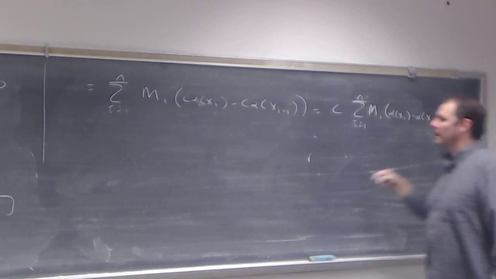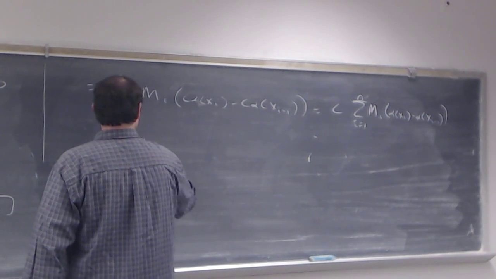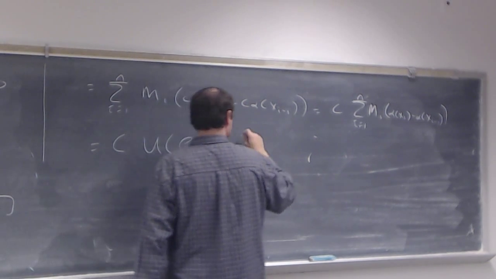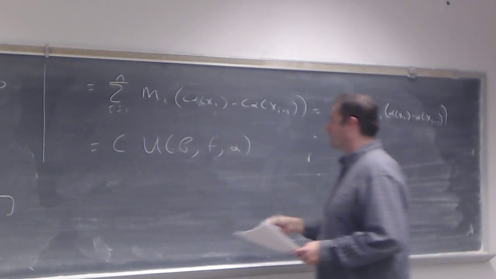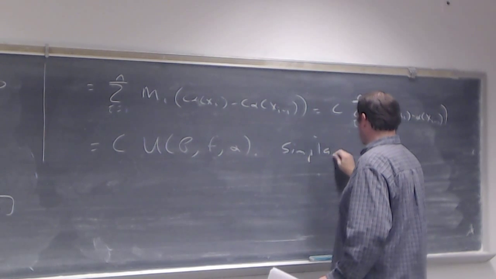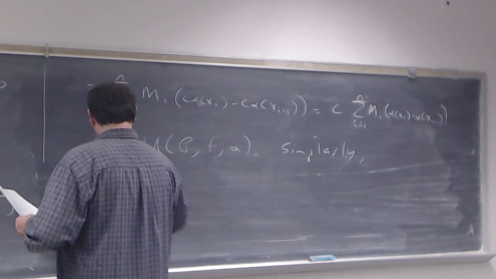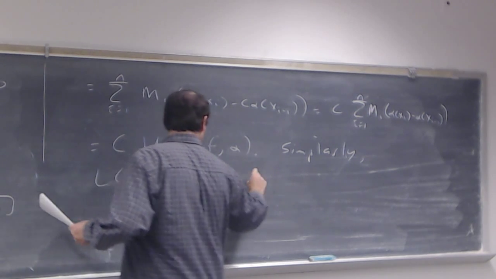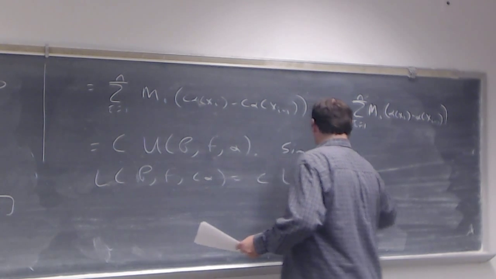And that last summation is nothing more than the upper sum with the partition, f, and just alpha. Similarly, I do the same thing with the lower sums, and what we have is that the lower sum with any partition, f, and c alpha will be equal to c times the lower sum with that partition, f, and alpha.